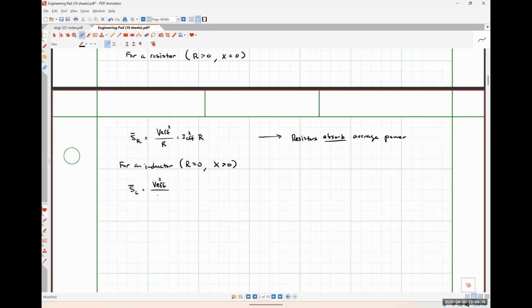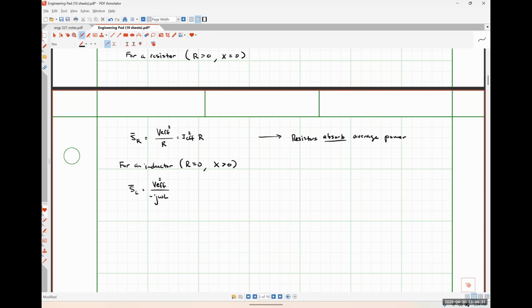So the impedance of an inductor is J omega L. We all okay with that? When I conjugate that, that's putting a negative sign down here. So what does it mean if I have negative J in my denominator? It's the same thing as having positive J in my numerator, okay?